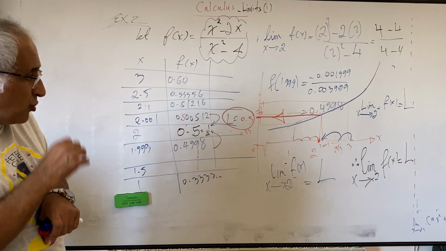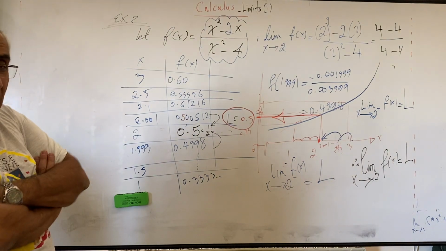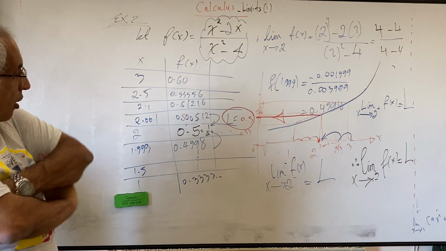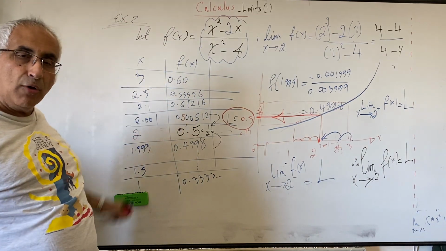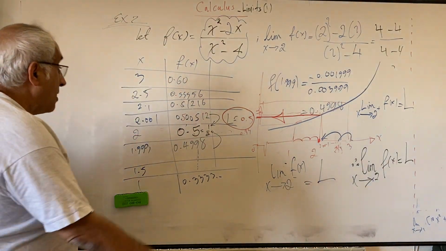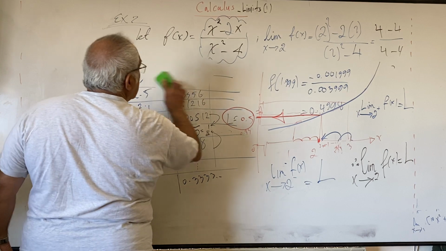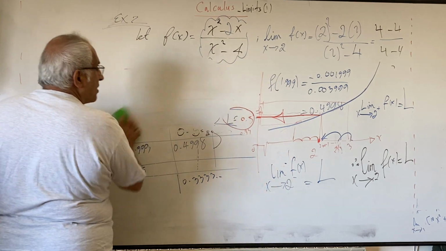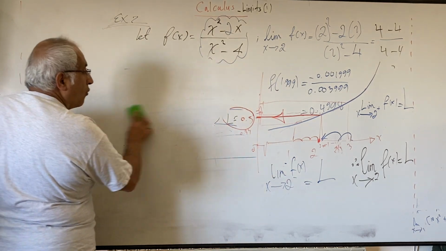I'm not going to ask you to draw a sketch. I'm not going to ask you to show me examples of those numbers above and below, or right to left, to get the limit, but I'm going to be asking you something much simpler. How is my question going to be?